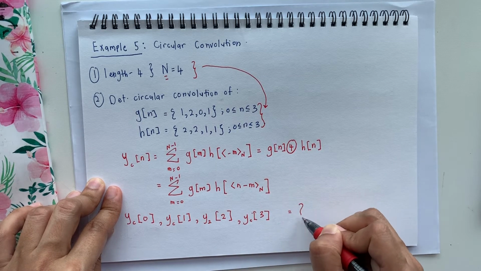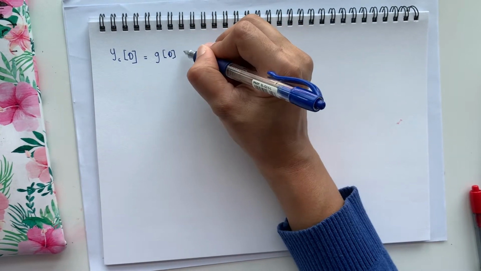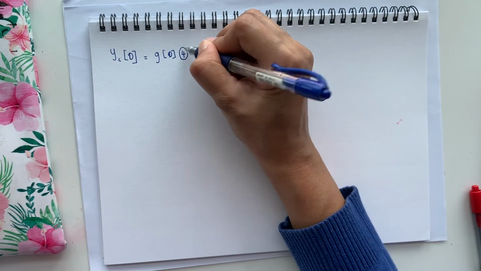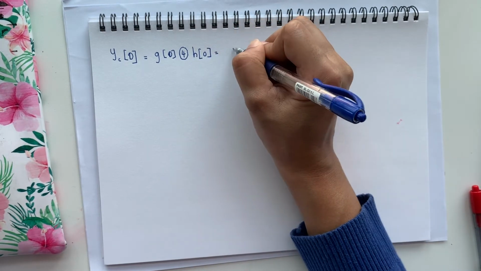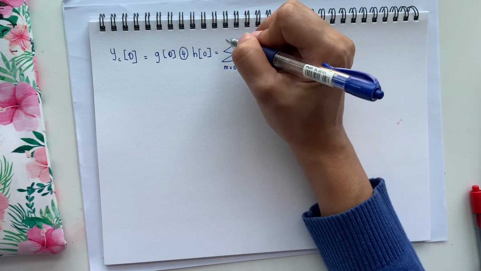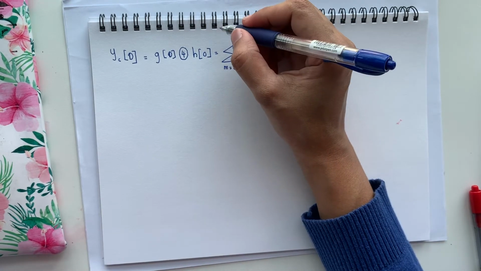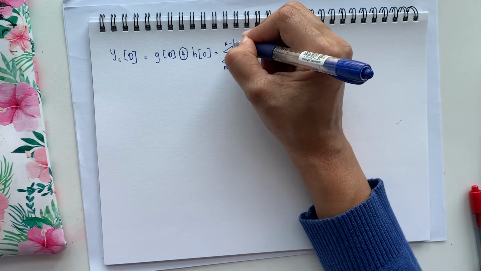YC0 is G0 circular convolution with H0. So we have m from 0 to N minus 1.